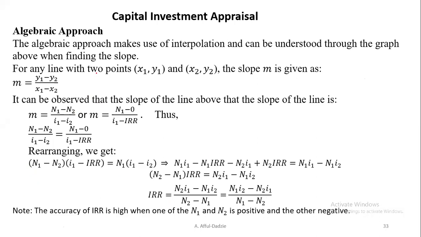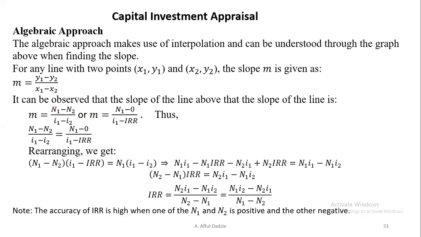So here the slope is, we can have y1 minus y2 over x1 minus x2. I think it should be y2 minus y1 over x2 minus x1. It can be observed that the slope of the line above is this.